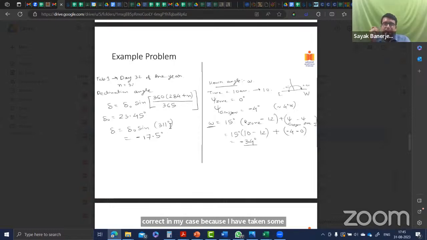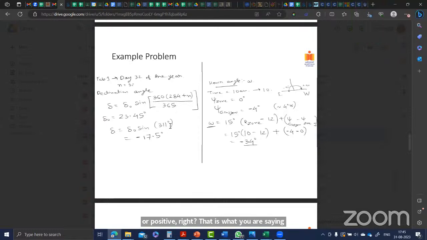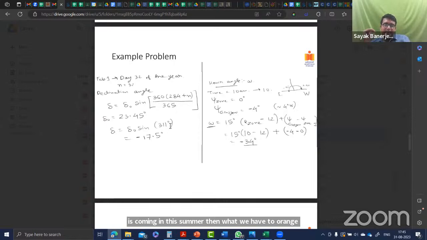That is what you are saying. Yes. Suppose the sign value in the calculation is coming negative and it is in the summer, or in the winter, what do we have to take? In the summer, it will never be negative.